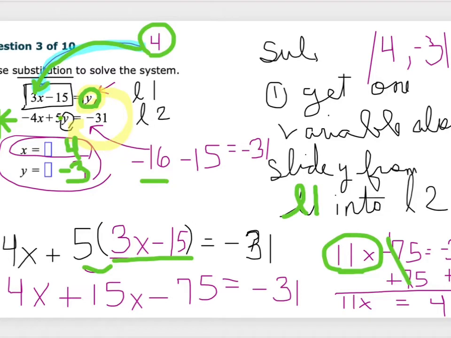And 5 times a negative 3 is a negative 15, equals a negative 31, and that's true. So 4, negative 3 solves both lines, and 4, negative 3 is the solution.